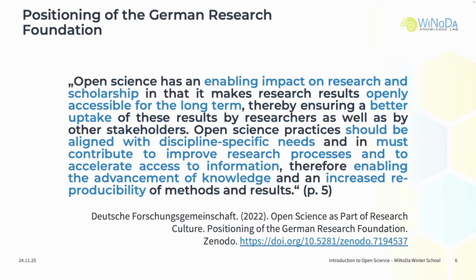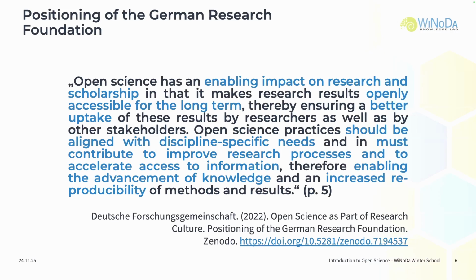However, as I said, open science has no fixed definition. The UNESCO recommendation, as we saw, emphasizes the role of open science for society. And the DFG sees open science more in its functions related to science. More narrowly, it says that open science should be aligned with discipline-specific needs, and it must contribute to improving research processes and to accelerating access to information, therefore enabling advancement of knowledge and an increased reproducibility of methods and results.